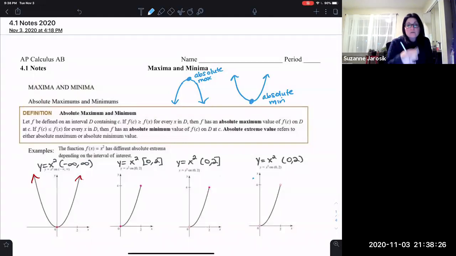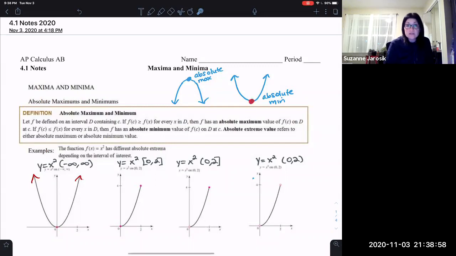The absolute max or min itself is always a y value. Where it's located is always the x value. It's still very important to understand those differences when you're naming a max or a min or where it's located. To break it down more, this particular y value is the largest y value in the entire function graph, whatever you're looking at.